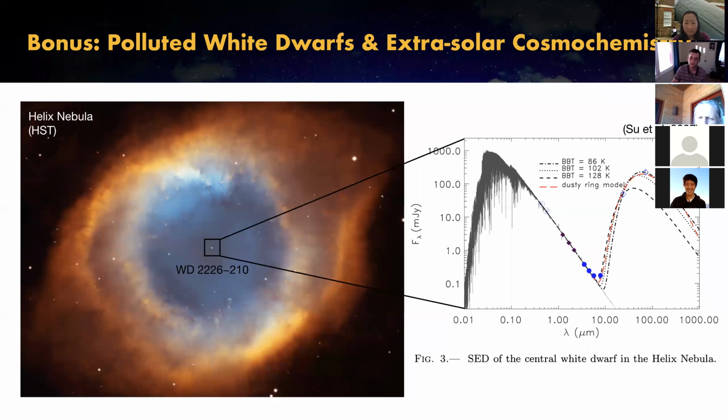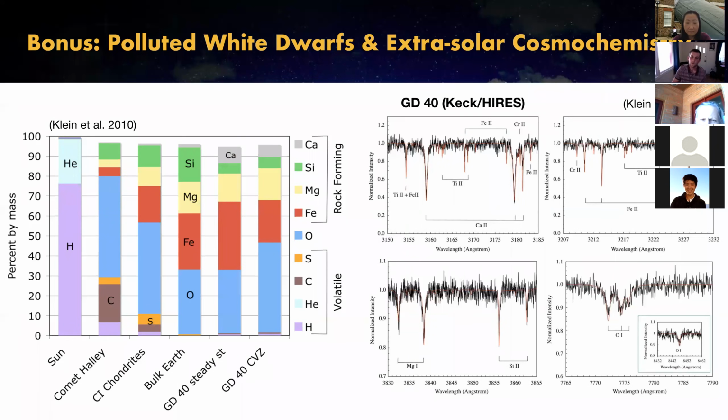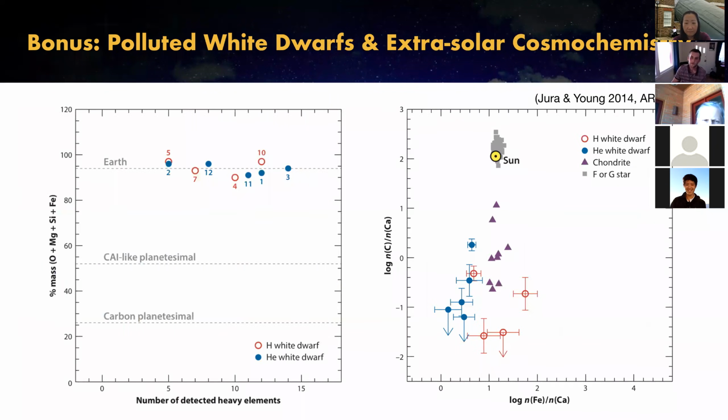Sure, I understand. And most of these are depleted in carbon, if you plot it like this. So this is carbon to calcium and iron. Okay, but that doesn't necessarily mean carbon is depleted throughout the nebula. No, that's right, and that's a tricky part.